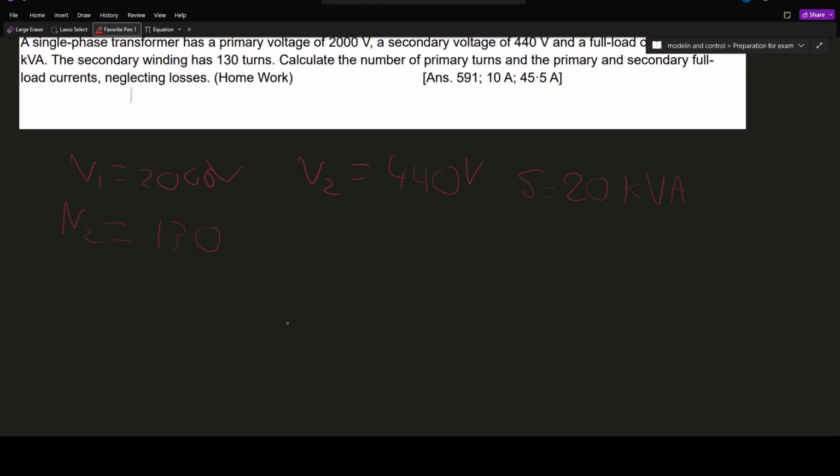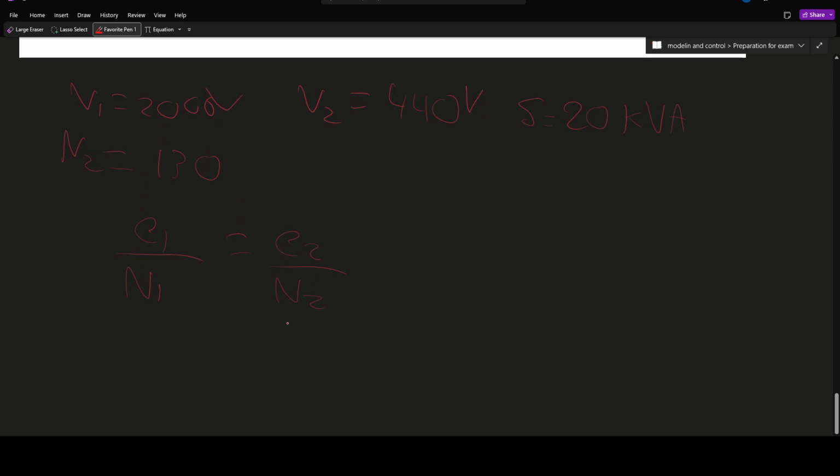Now, they're asking us to calculate the primary turns, and we know that we have this simple relationship for an ideal transformer with no losses. We have almost all the values. The primary is 2000 volts, we don't know the number of turns, and we have 440 volts for the secondary with 130 turns.